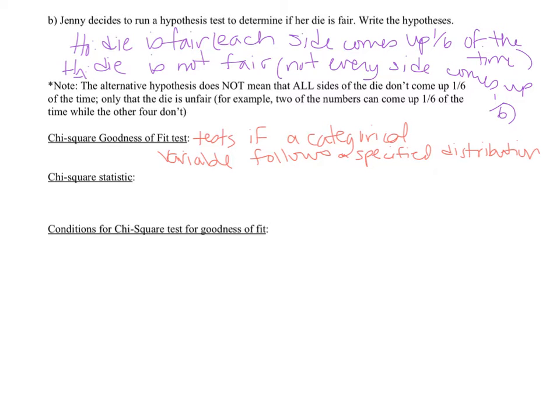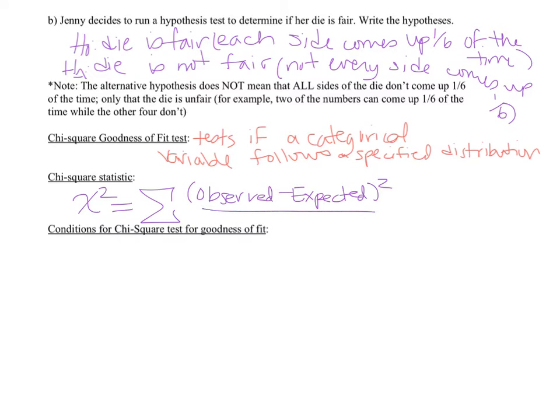Okay, I'm going to give you the formula for the chi-squared statistic. This actually is on the AP formula sheet. It's going to look really confusing, but once we do a few examples, it won't be so bad. It's going to be chi-squared is equal to observed minus expected, all squared over the expected.